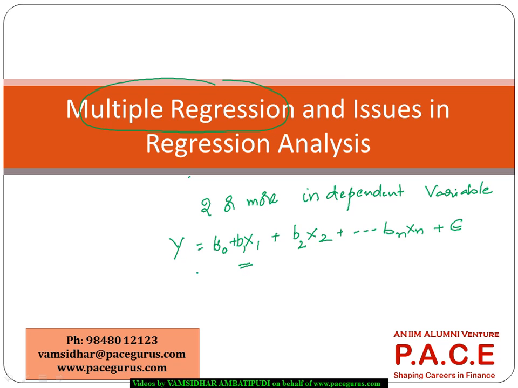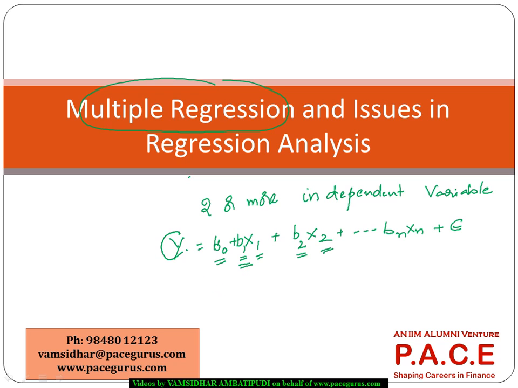Just like the way we have discussed in case of simple regression, the intention of deriving these values b0, b1, b2, which are the coefficients of the various variables x1, x2 and so on, is with an intention of mitigating this error.